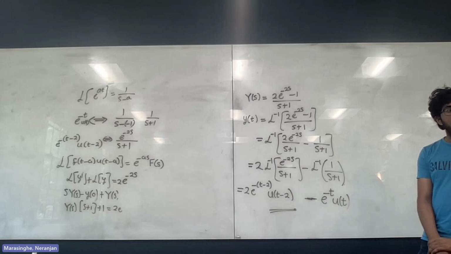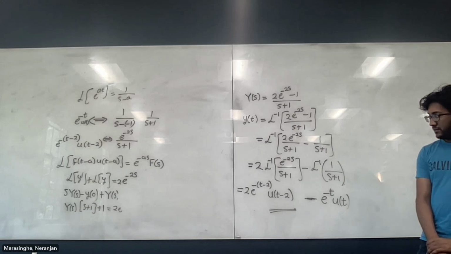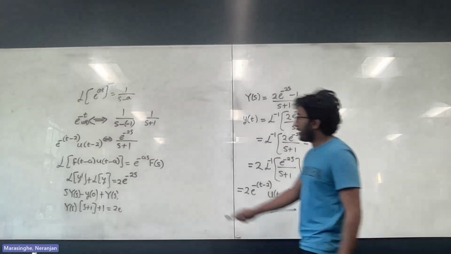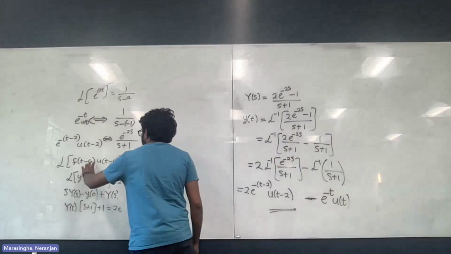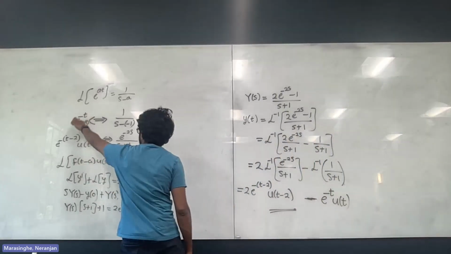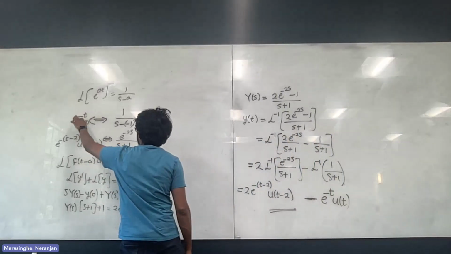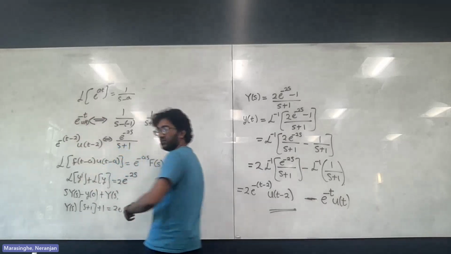Any questions? Because I have multiplication by e to the minus 2s, I translated my time domain function. This is my original time domain function. Instead of t, I plugged in t minus 2.